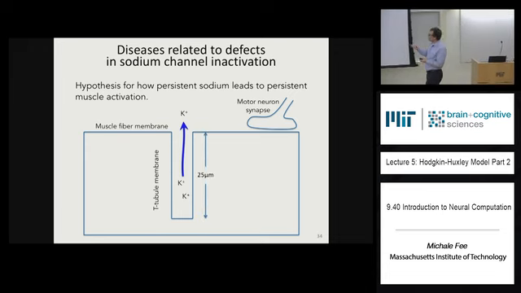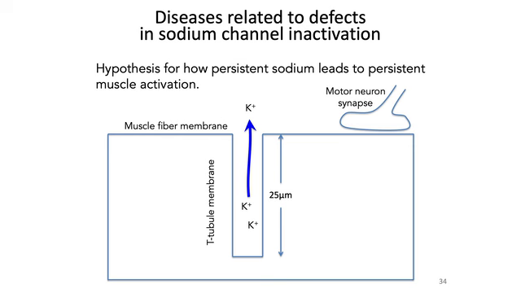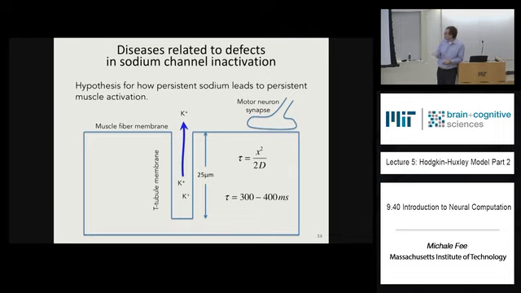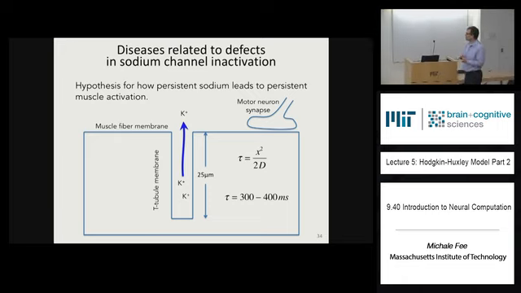This thing is about 25 microns long, and so it will be maybe 4 times that. Okay, so that time scale we can calculate by just using our equation for the relation between time and distance for diffusion, and you find that that's about 300 to 400 milliseconds. Okay? So that's how long it takes those potassium ions to diffuse out of the T-tubule.